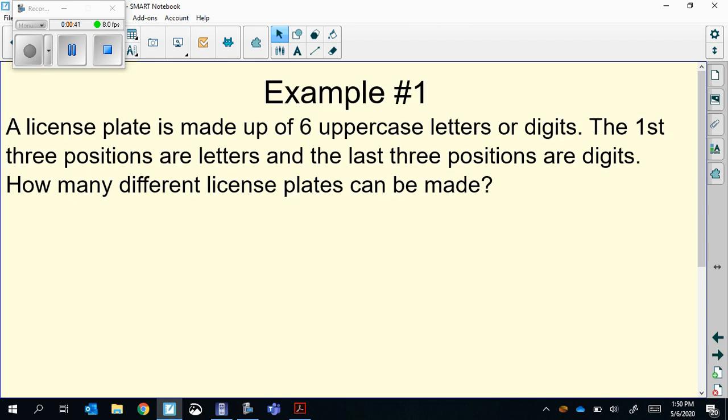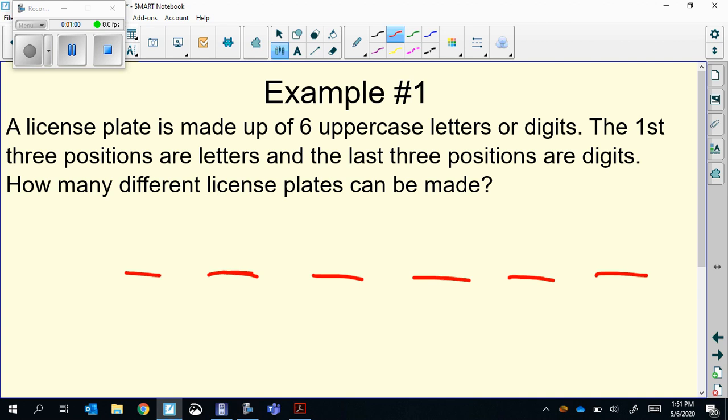So a license plate is made up of 6 characters: uppercase letters and digits. The first 3 positions are letters, the last 3 positions are digits. How many different license plates can be made? So there are 6 positions for the license plate.